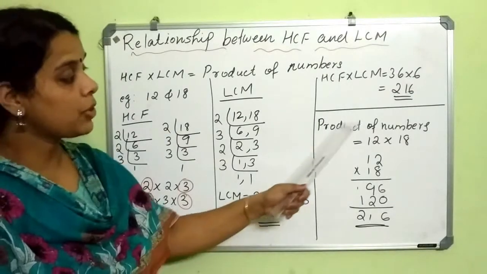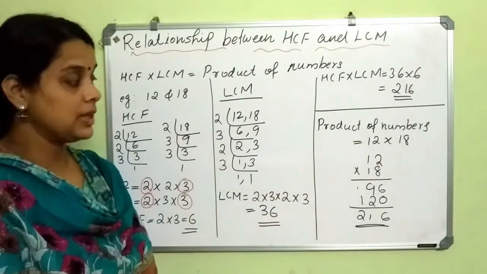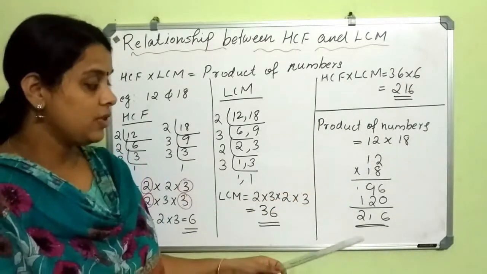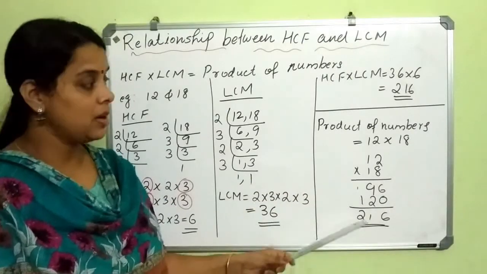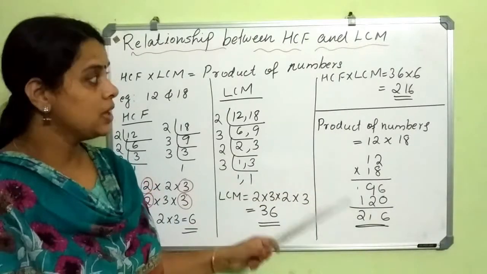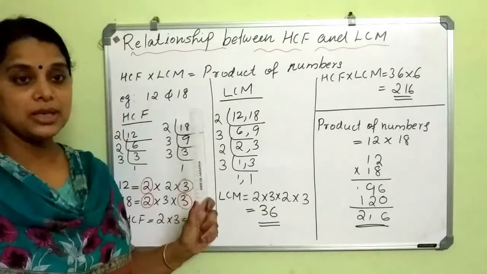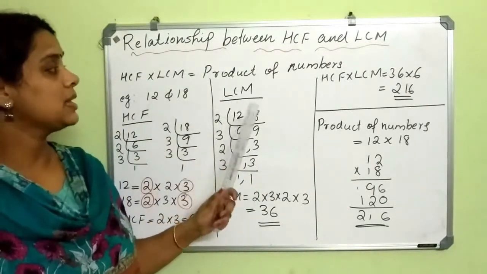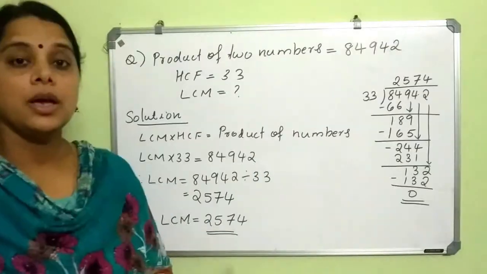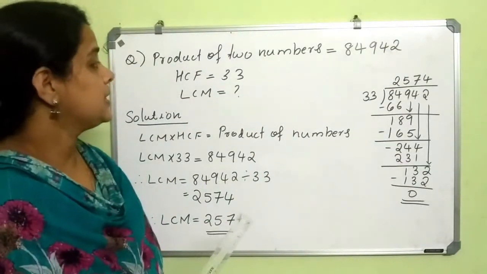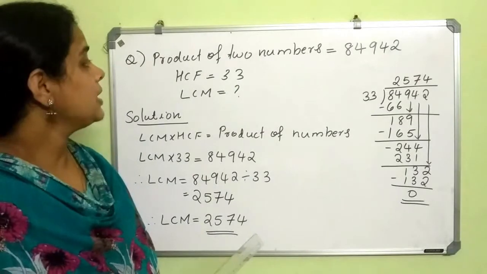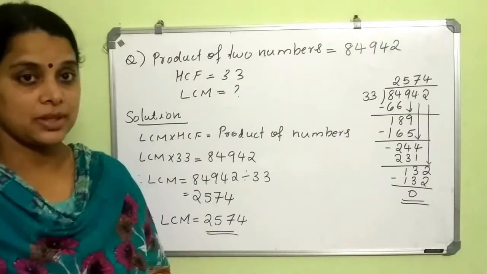Next is product of the given two numbers, that is 12 into 18, we will get 216. Both are same. So we can say HCF and LCM of two numbers is same as the product of the numbers.